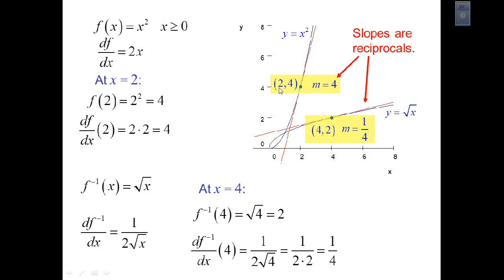So the slope at 2, 4 on the original function is 4, and the slope on the flipped point, 4, 2, on the inverse function is 1/4. Notice they are not negative reciprocals, and notice that these tangent lines do not intersect at a perpendicular angle. They are just simply reciprocals of one another.